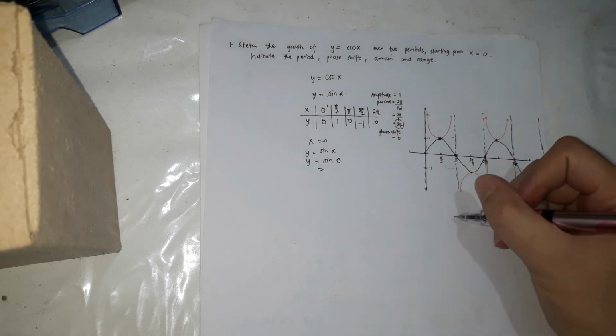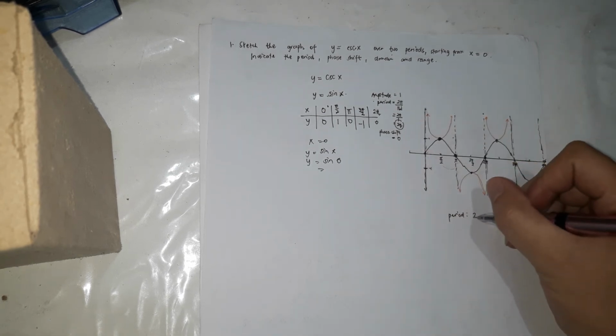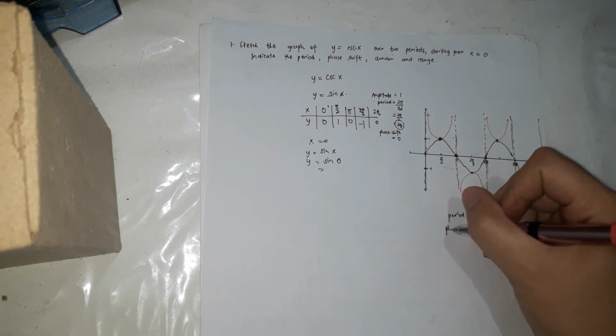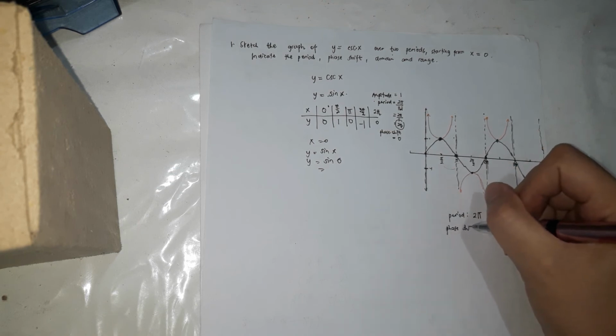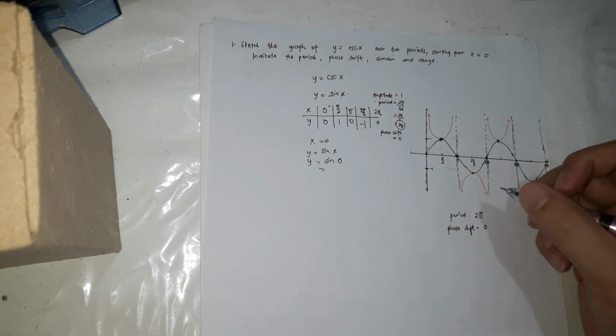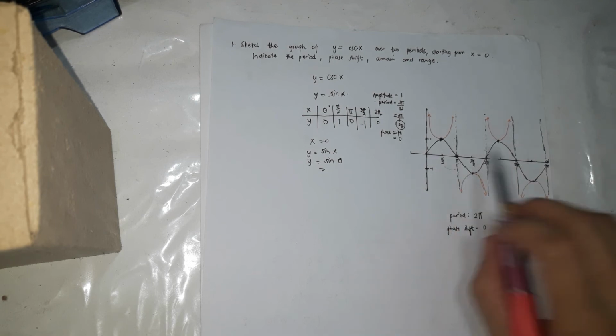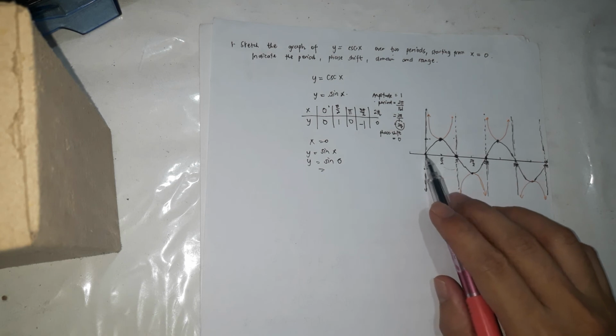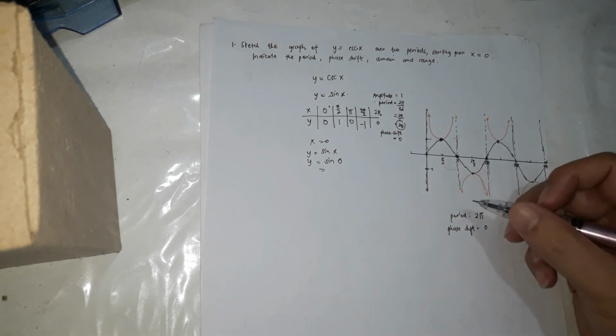Itong si orange, that is the graph of the cosecant x. The period is the same as the period here. That's 2 pi. The phase shift is 0. Kasi kapag nag-move siya dyan, so that's pi over 2, but there's no movement, so 0.